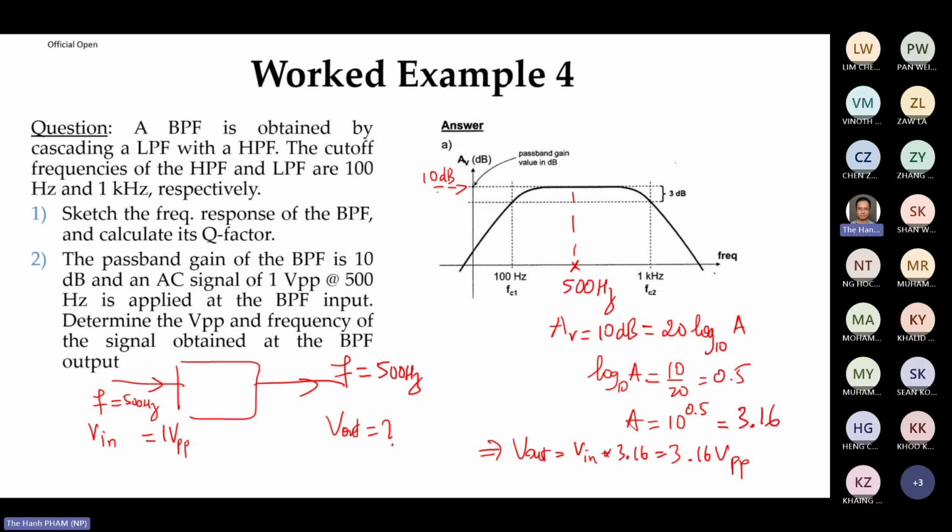Now, what if my input frequency is 10 kilohertz, V in is 1 V?